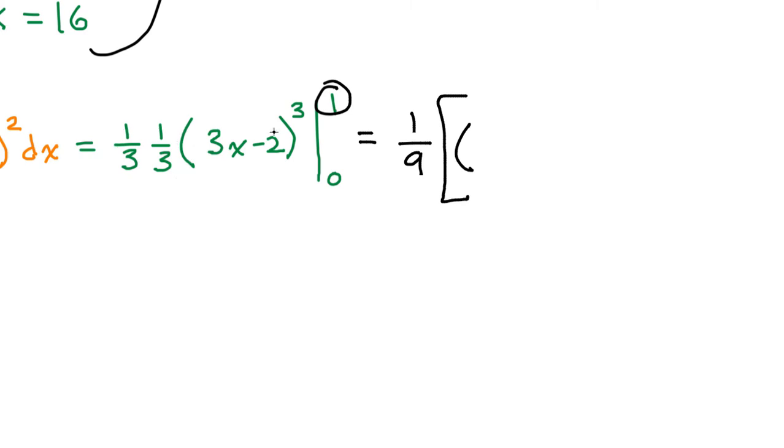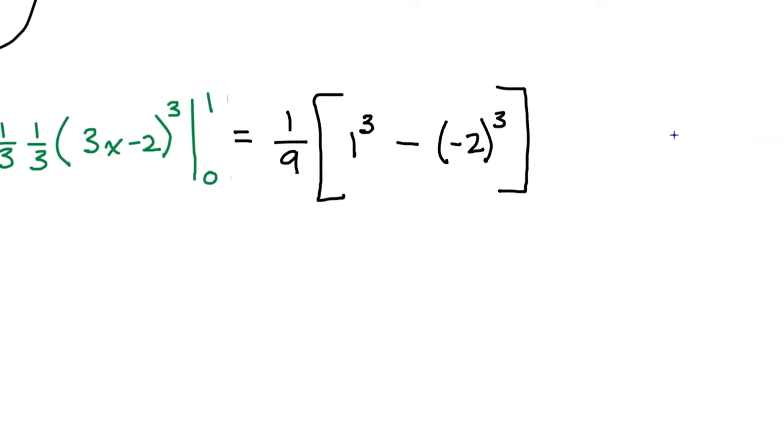Don't worry about this. So when I plug in that 1, it's 3 times 1 minus 2, which is 1. So 1 to the power of 3 is 1. And then minus, what happens when I plug in 0? 0 times 3 is 0, minus 2 is negative 2, negative 2 to the power of 3, minus negative 2 to the power of 3.